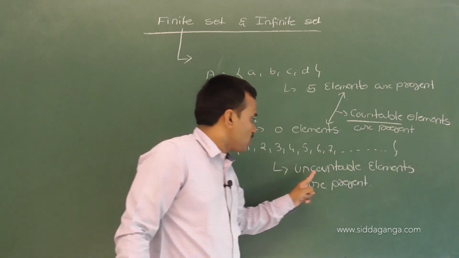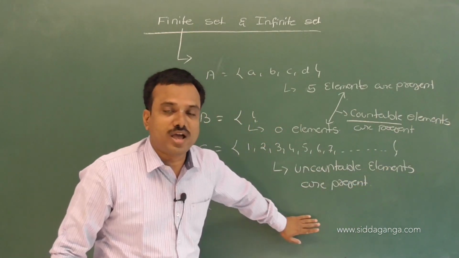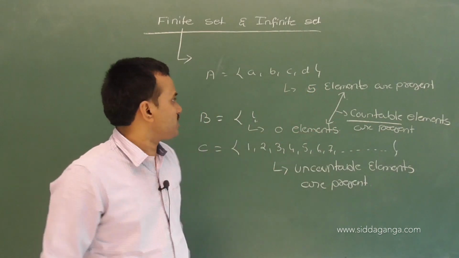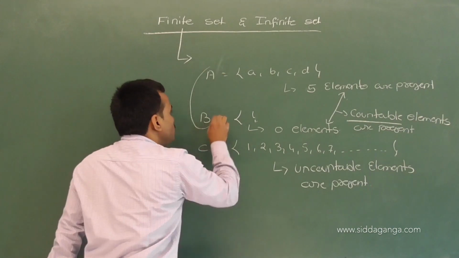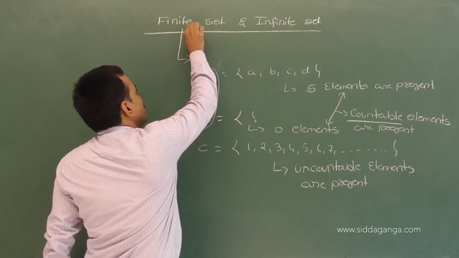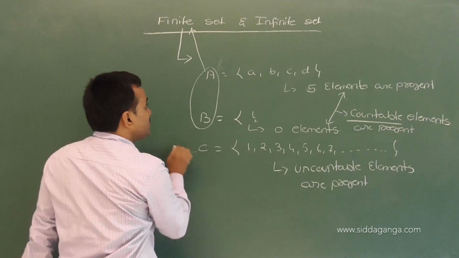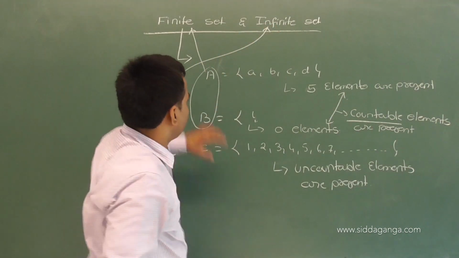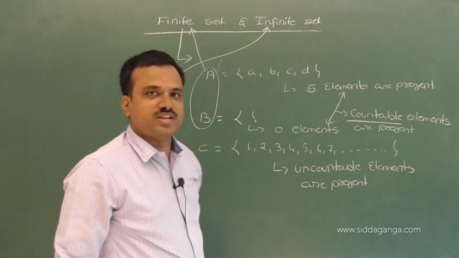Uncountable elements are present. In these two sets countable elements are present, so these two sets are called finite sets, and the set C we call the infinite set. A and B are finite sets.